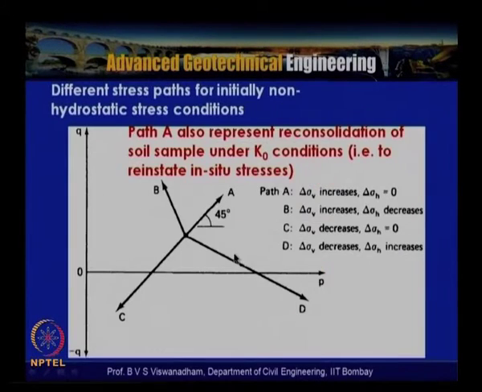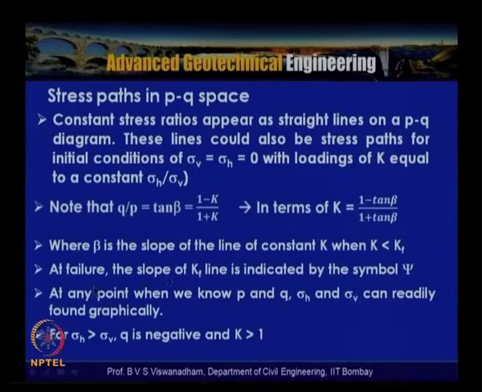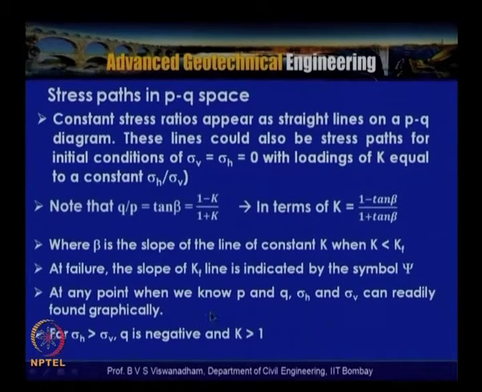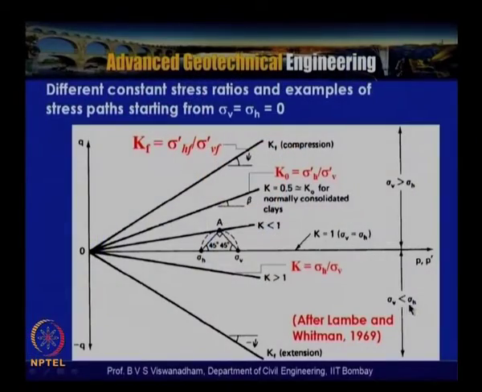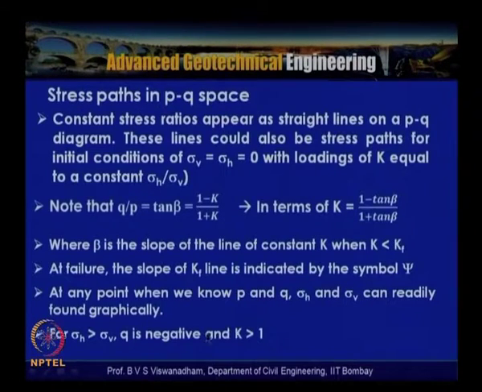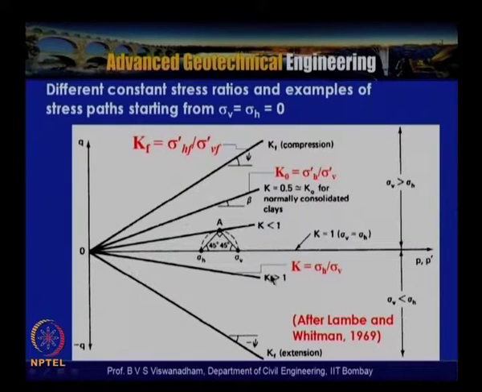For sigma h greater than sigma v, that is sigma v less than sigma h, q is negative and k is greater than 1. So this indicates the over consolidated state, and this indicates the normally consolidated state.